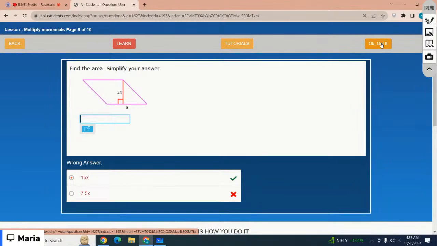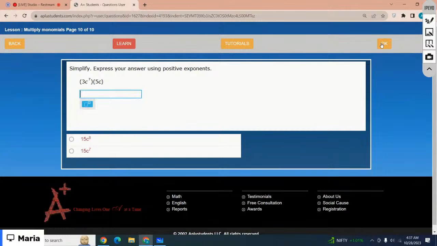Oh, that is not a triangle, sorry. So, it is 15x. The correct option is 15x, right? Okay, the next one is, which is the correct option? That is 15c^8.